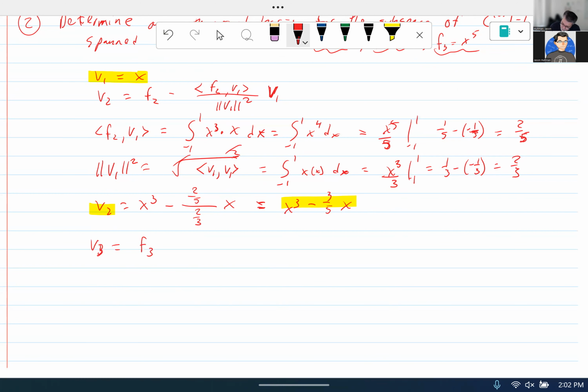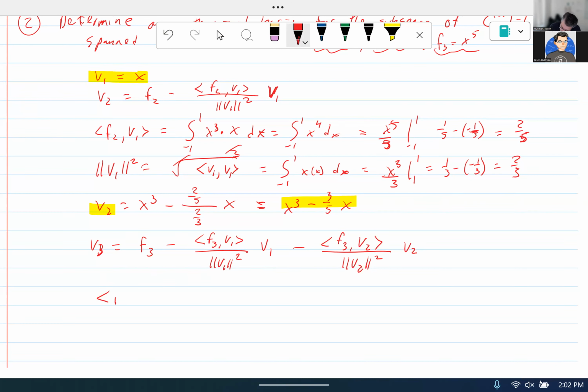So V3 is equal to F3 minus F3 with V1 over V1 norm squared times V1, minus F3 with V2 over V2 norm squared times V2.